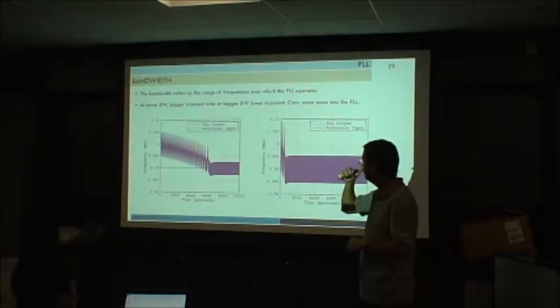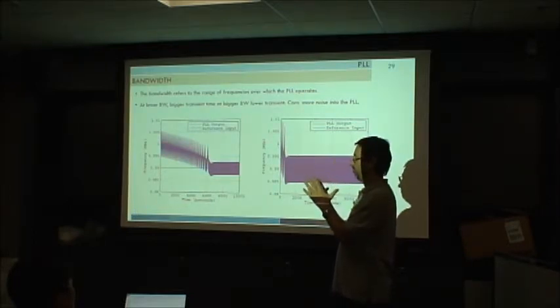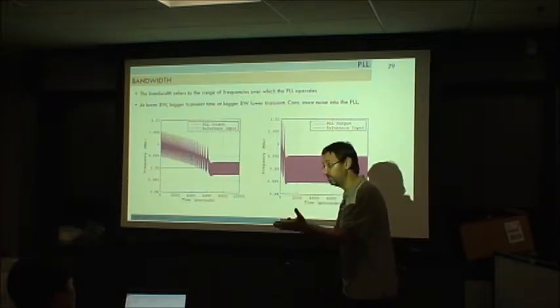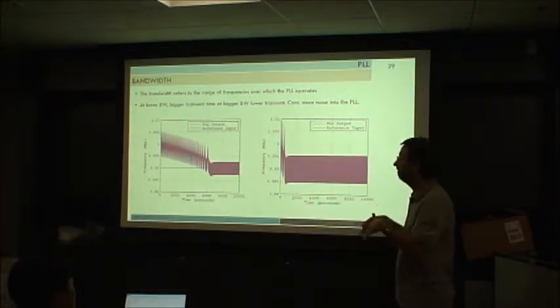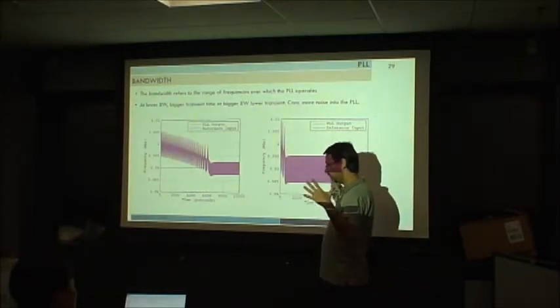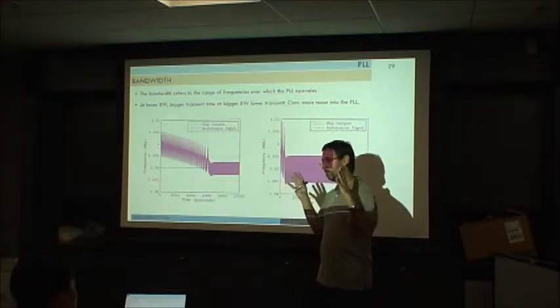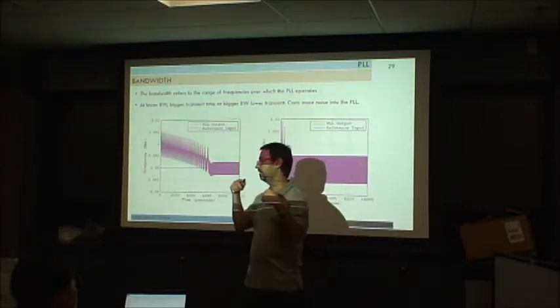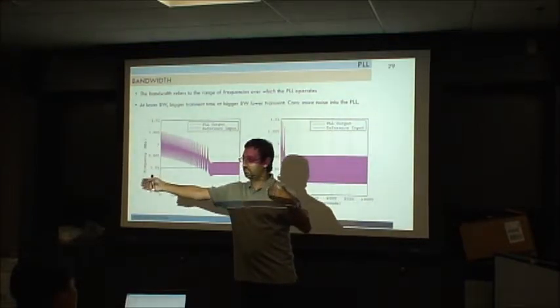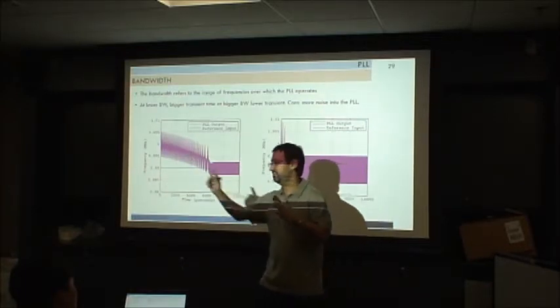But we will have a different situation with this. If you have a very short bandwidth PLL, it will take longer to capture the signal, and the opposite. If you have a high bandwidth PLL, it's good, because high bandwidth means that this guy can track bigger changes, so it should be faster to track.